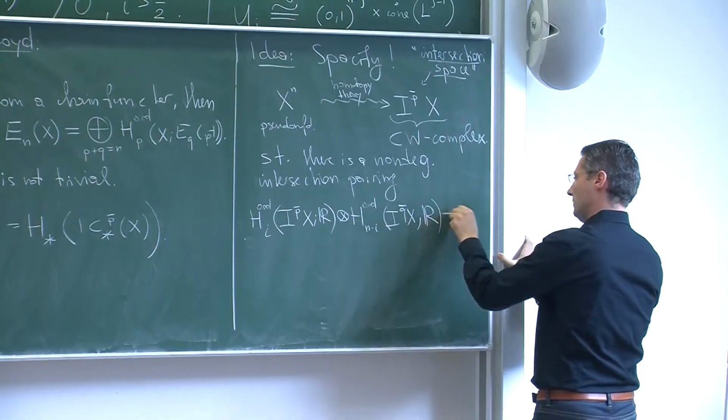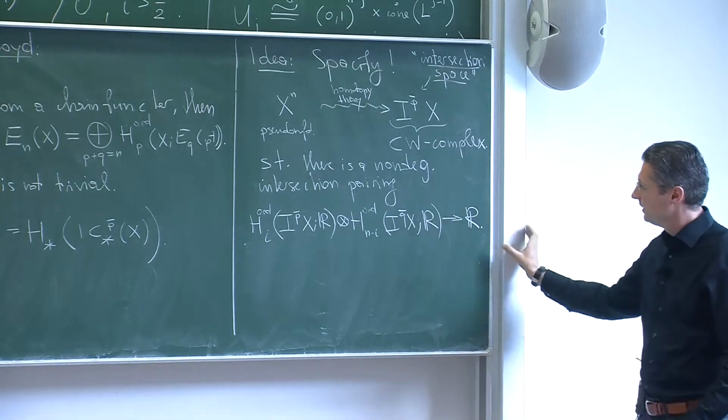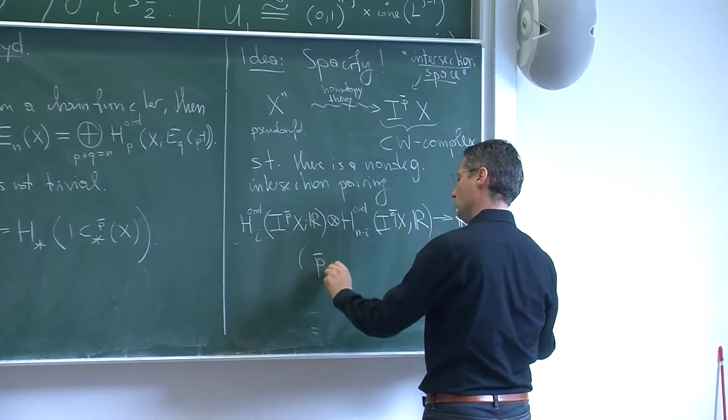So that I have a non-degenerate pairing to R. And here, of course, P and Q are dual.